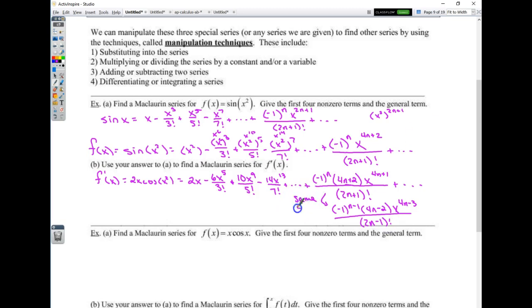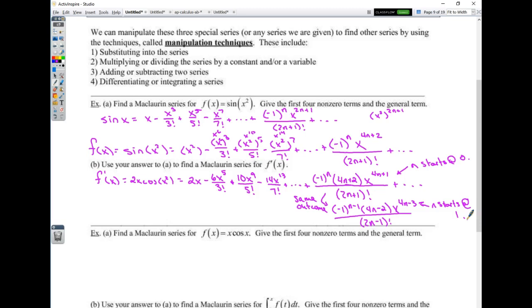Same outcome. This is n starts at 0. This is n starts at 1. These two are the exact same thing. They're going to give you the same exact set of numbers.